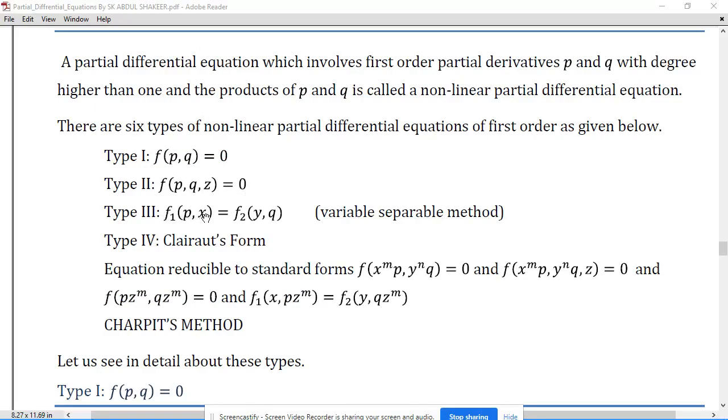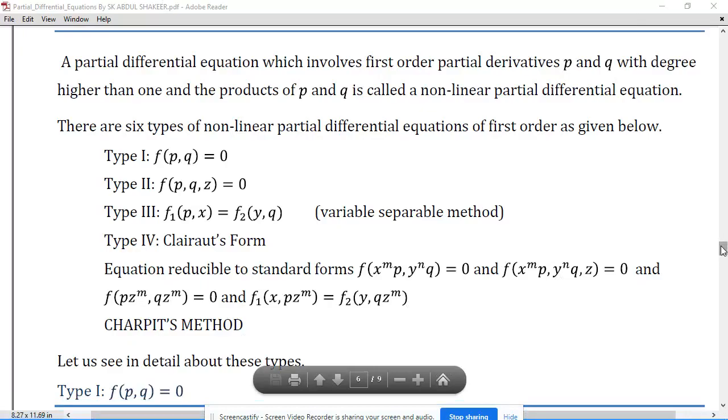The third type is the variable separable method, that is, p and x are separated from q and y. Type 4 is Clairaut's equation, that is z equal to px plus qy plus f of p, q. And type 5 is equations reducible to the standard forms, that is type 1 or type 2 or type 3. The last one is Charpit's method.